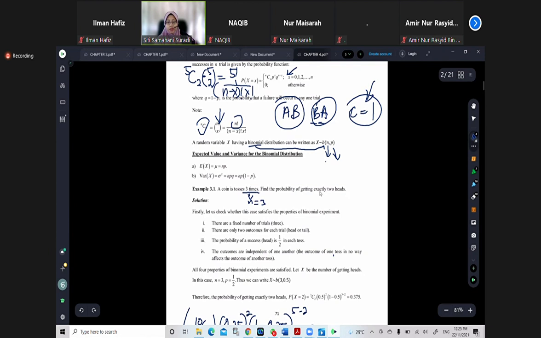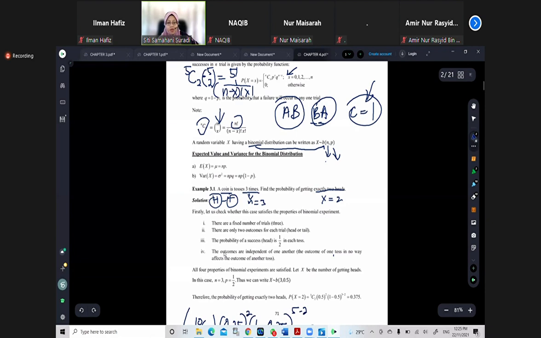Find the probability of getting exactly 2 heads. So from the 3, it is possible to get 2, so that means x equals 2. The possible outcomes are only 2 because it's a coin, only head and tail. So the probability of success is 1/2 for each toss.